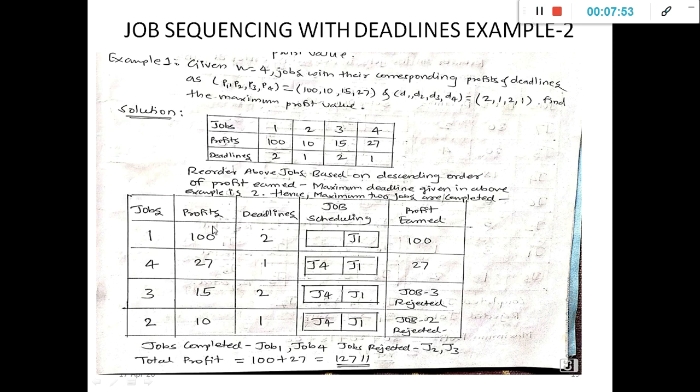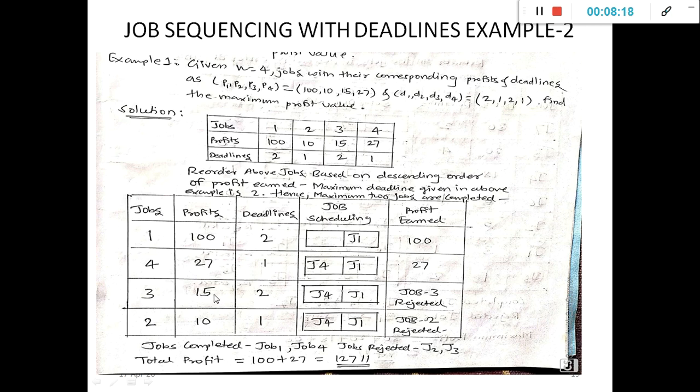Column 2 of table 2 represents all the profits of associated jobs in descending order. That is, the highest profit is 100 and it is associated with job 1 with a deadline 2. Similarly, the next highest profit is 27, associated with job 4 with a deadline 1.